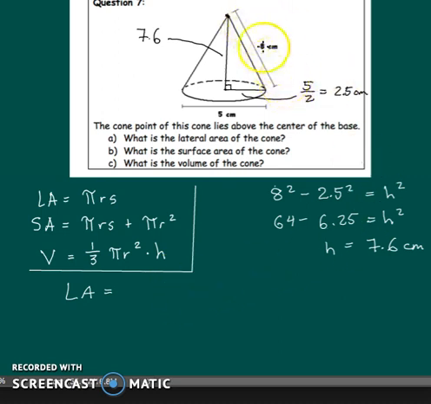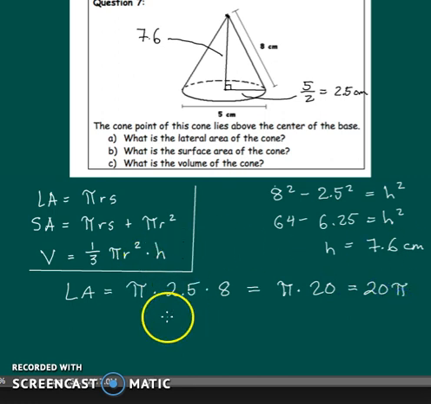So 8 centimeters here is our slant height. 7.6 centimeters is our actual height and volume. So I'm going to write pi times the radius, which is 2.5, times the slant height, which is 8. And that brings us to pi times 20. In other words, 20 pi.